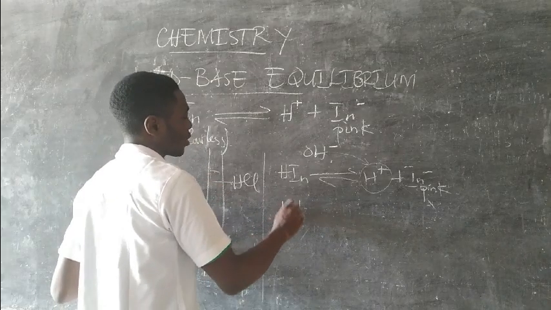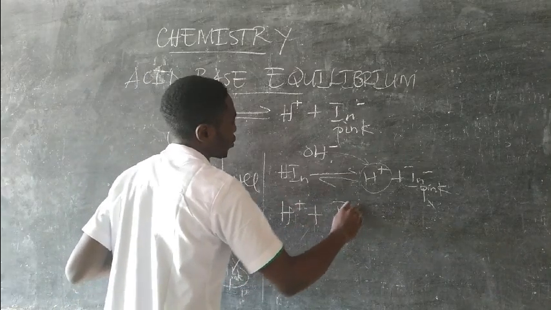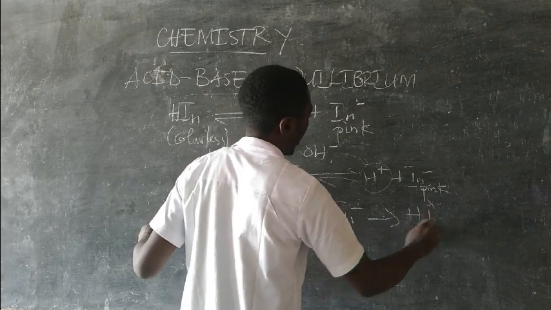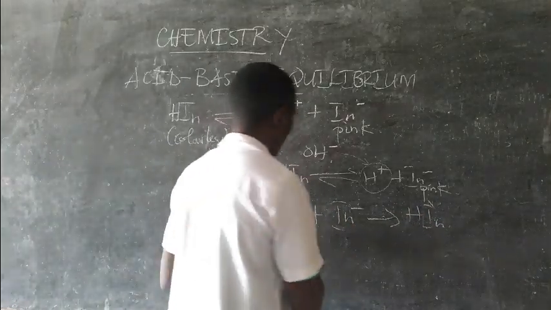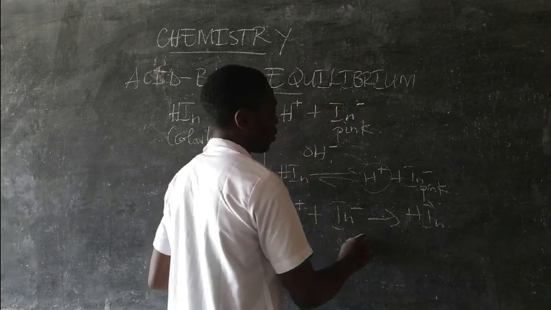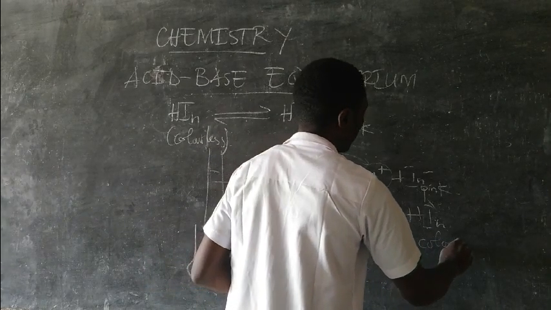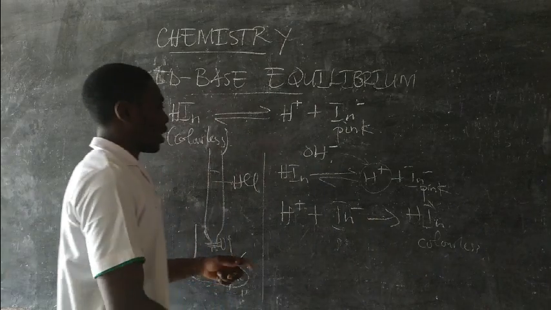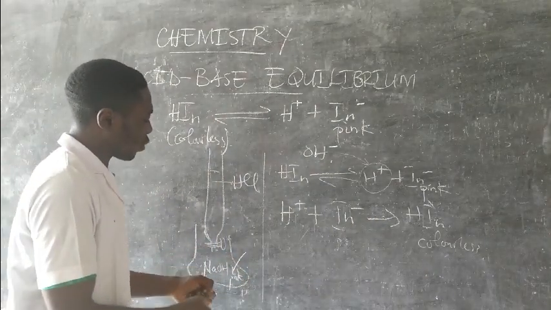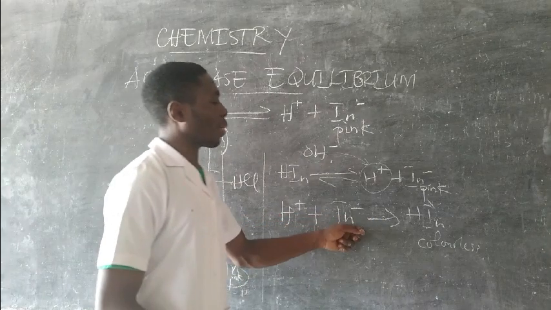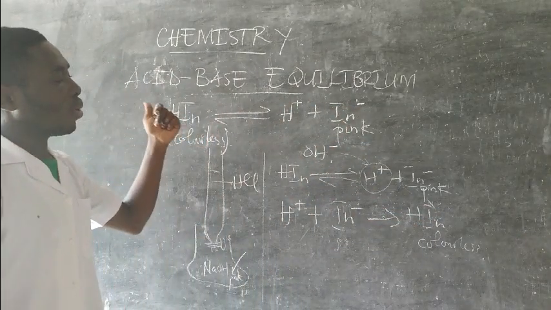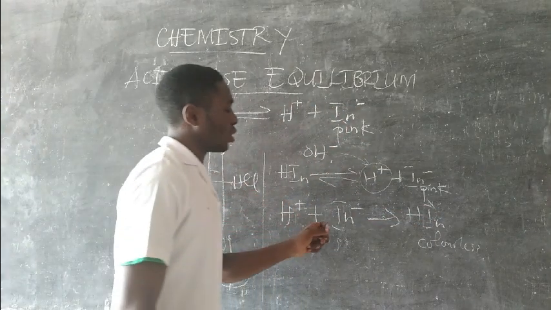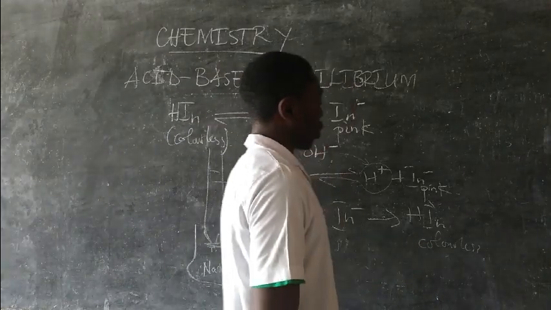So you are going to have H plus combining back with In minus to give us HIn. Remember that In minus is pink, but HIn is colorless. So when you add an excess of acid after the equivalence point, that excess of H plus will react with In minus to form HIn. So the backward reaction is favored, and the color will change from pink to colorless.